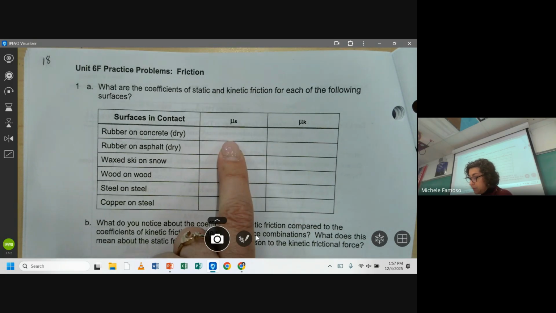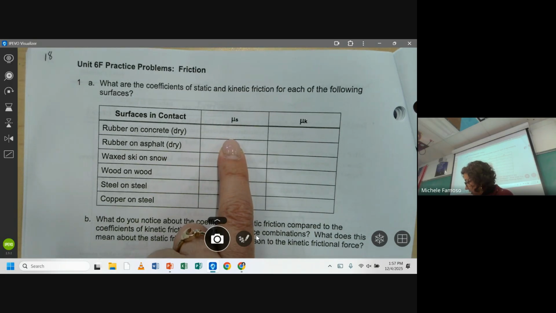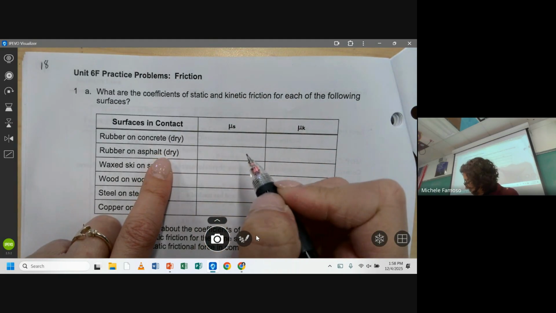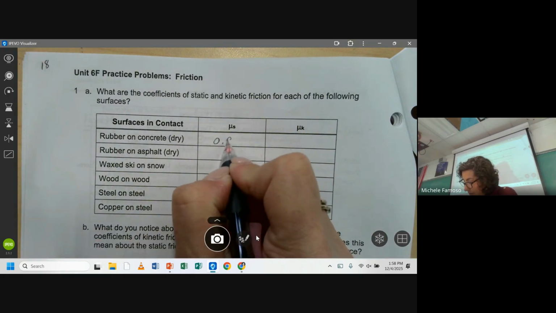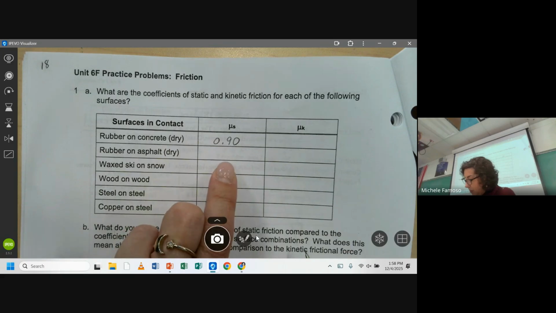Aiden, can you please identify rubber on dry concrete, the static value? The static value? 0.90. There we go. Gianni, what is it for rubber on dry asphalt? 0.85.